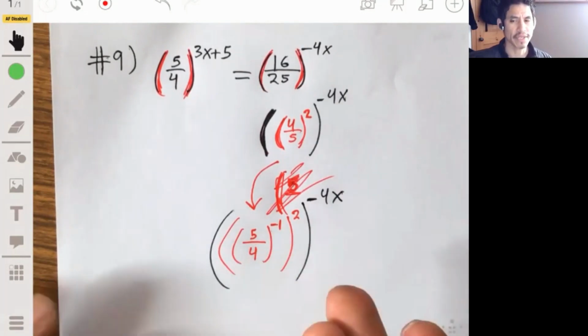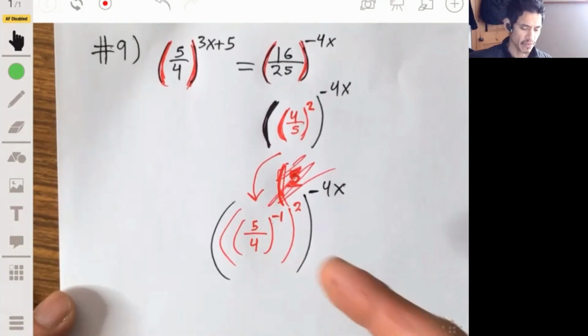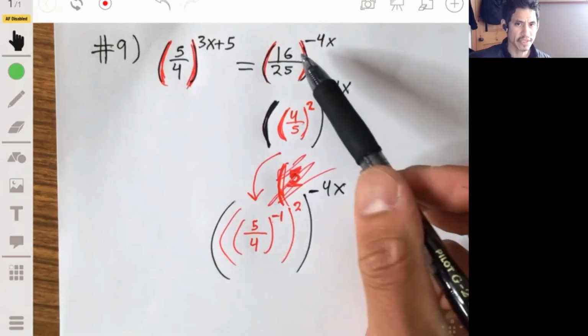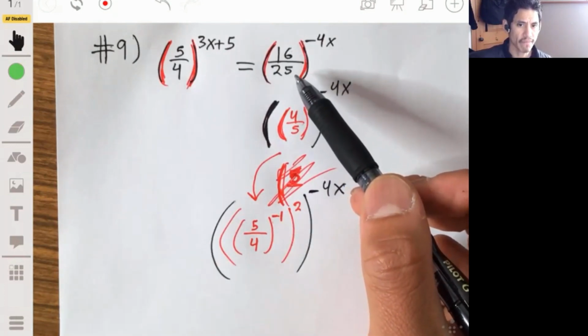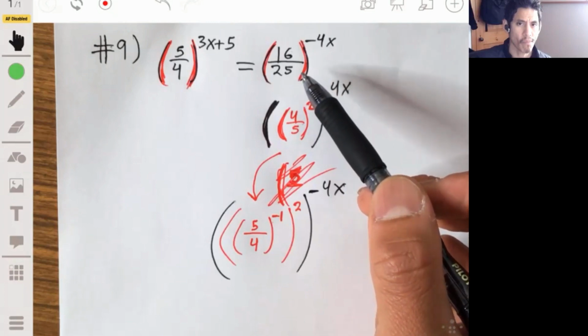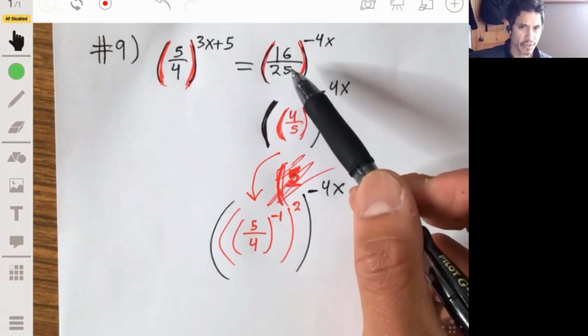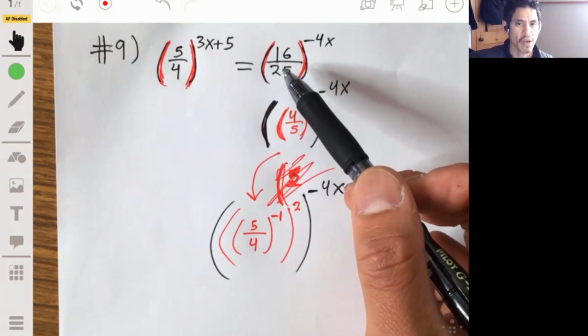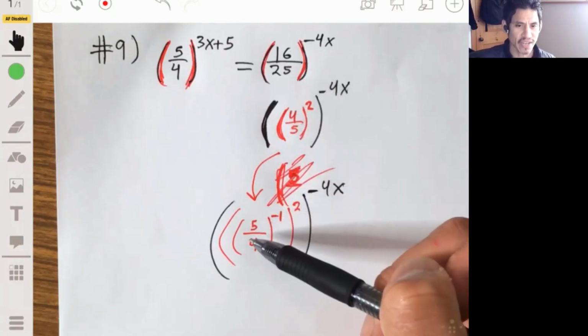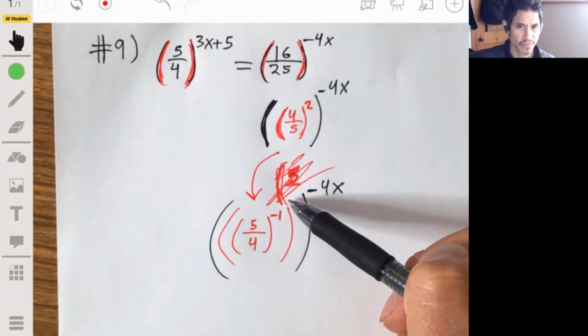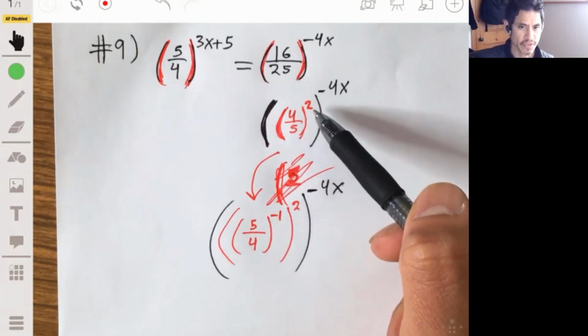Again, I'm doing it step by step in case you need it. But if you catch on to this quickly, you can see that 16/25 is just 5/4 to the negative 2, which is the same as 4/5 to the 2.